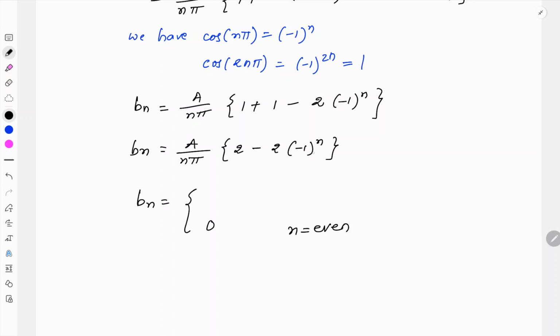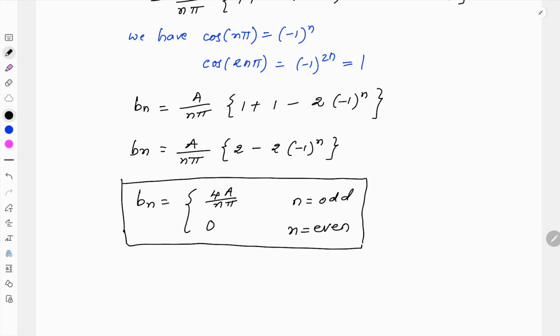And if we substitute the value of n as odd, so minus 1 raised to 3 becomes minus 1, so 2 minus of minus 2 becomes plus 2, so 2 plus 2 becomes 4. Therefore for values of n equal to odd, we get the answer as 4a upon n pi. So this is the final value of coefficient bn.